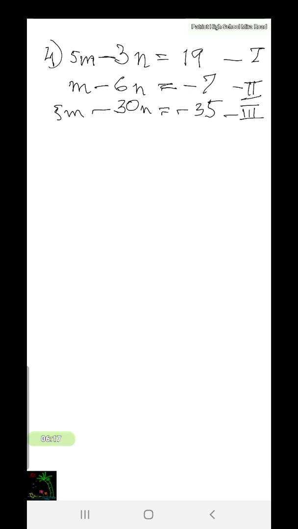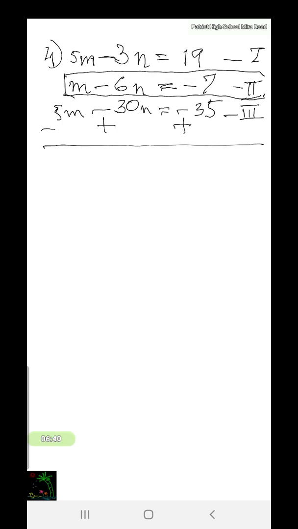Subtracting equation 3 from equation 1. Now we will eliminate m. Subtracting equation 3 from 1, we have this minus, this plus, and this plus.